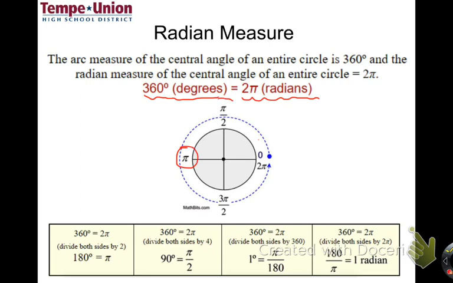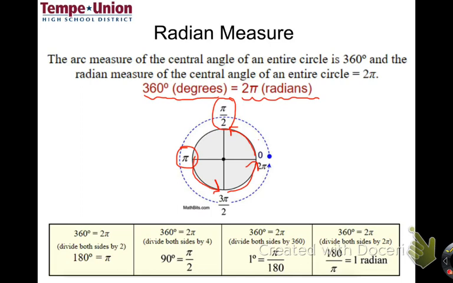Half of that would be pi halves. So pi halves is just this much. It's going 90 degrees. You could go a little bit further than pi, and you could go to 3 halves pi. 3 halves pi is also 1.5 pi. And then you could go a little bit further, and you could go to 2 pi, which again is all the way around the circle.